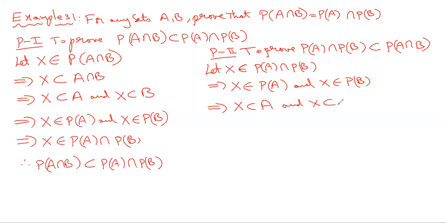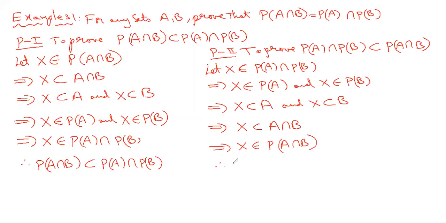So X is a subset of A and X is a subset of B. That implies X is a subset of A and X is a subset of B. According to the definition, X is a subset of A intersection B. That implies X is an element of the power set of A intersection B.